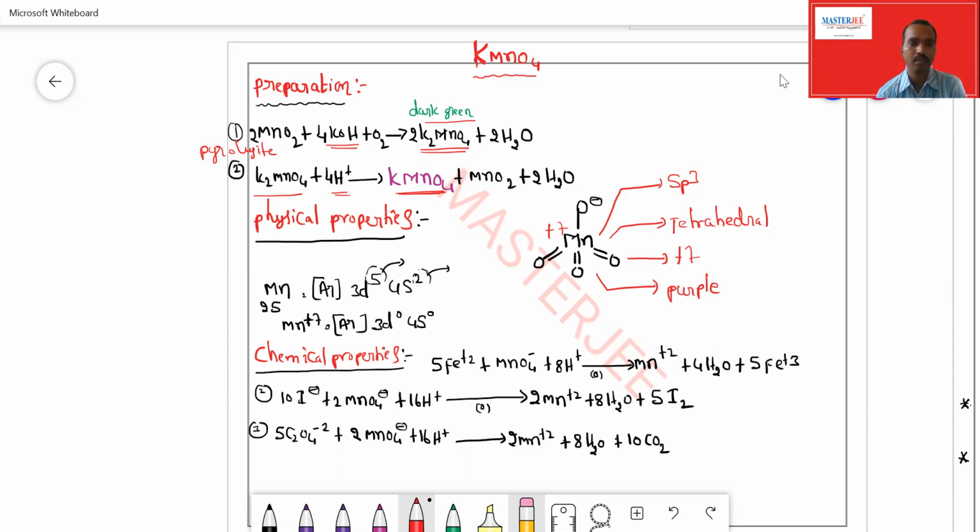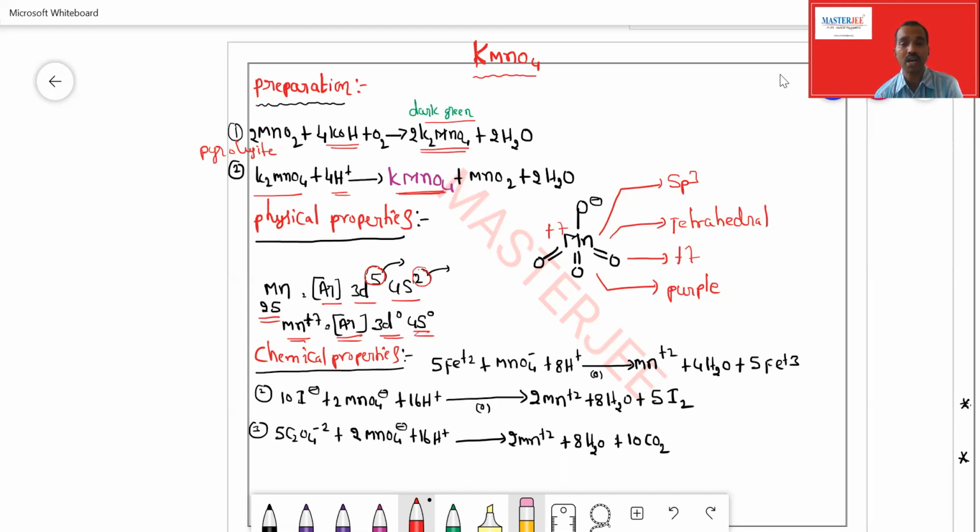Why? Manganese atomic number is 25, and its electronic configuration is argon 3d5 4s2. When it loses all 7 electrons, its configuration in the +7 state is argon 3d0 4s0 only. It should not exhibit color here.